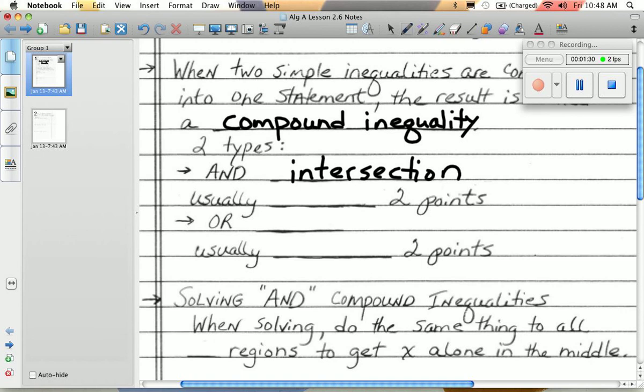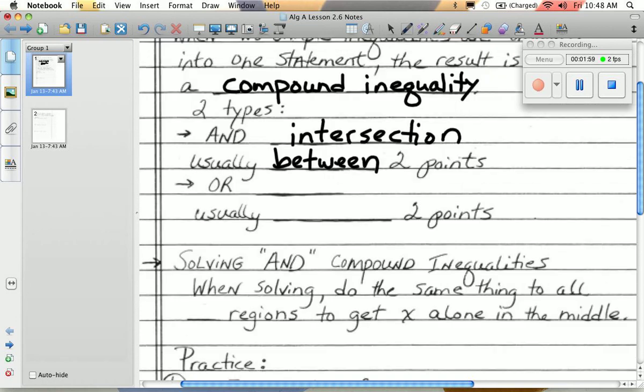And so when we graph it, the graph is usually between 2 points. So we have to find the points that belong to both of them. We have to find their intersection. Typically, the solution region lands between the two endpoints that belong to each simple inequality.